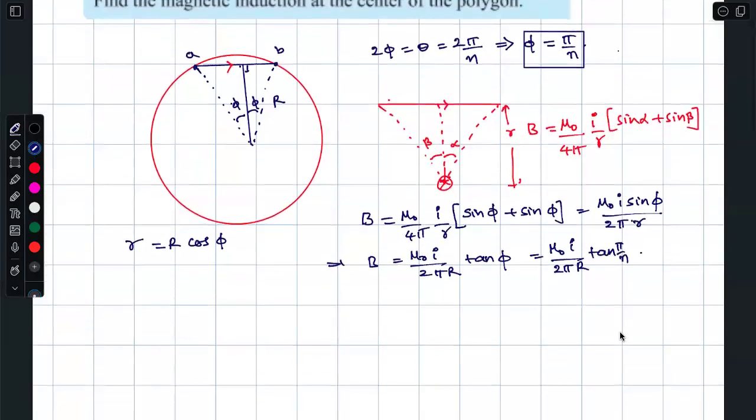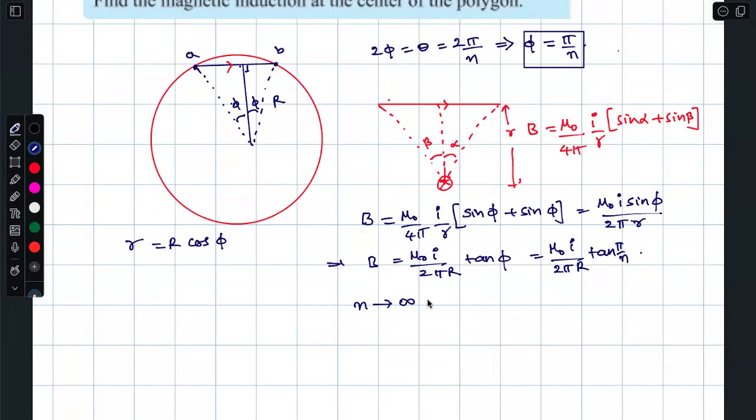Now imagine the situation when n tends to infinity. What happens? Then you are not getting the correct answer, no? Is there any mistake here? It will become a circle.